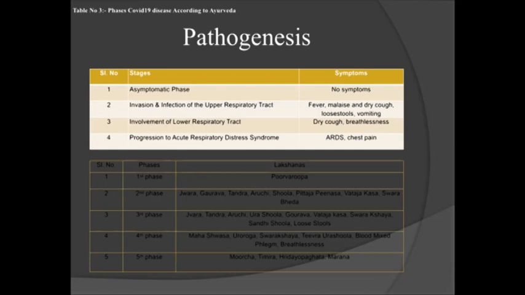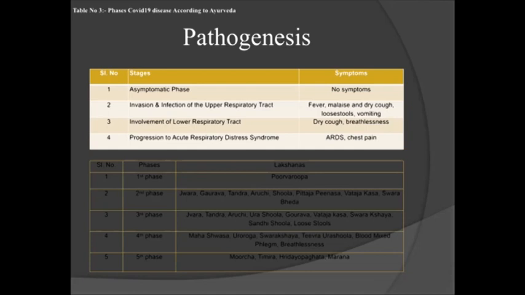In some cases, we can see the exact symptoms of Rakta Dhatu Paka, that is increased or excessive hunger and thirst in the patient. Then with involvement of the lower respiratory tract, there will be dry cough and breathlessness, progression to acute respiratory distress syndrome, that is ARDS, and chest pain.